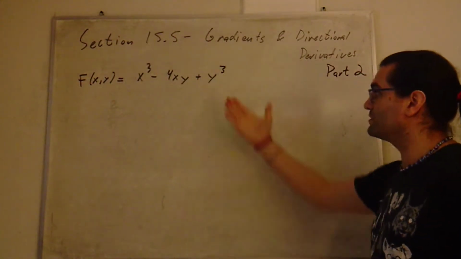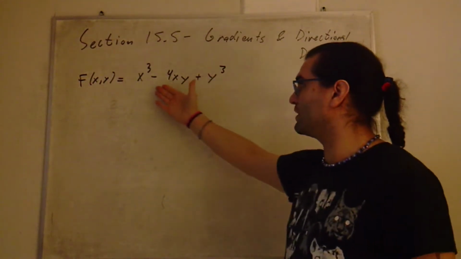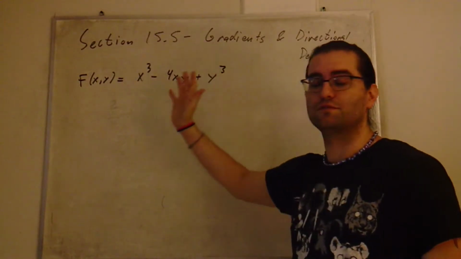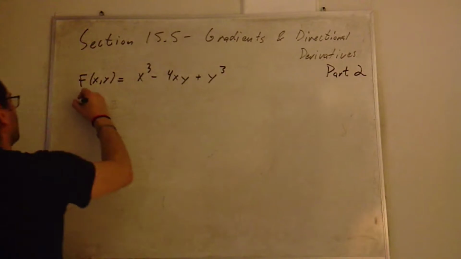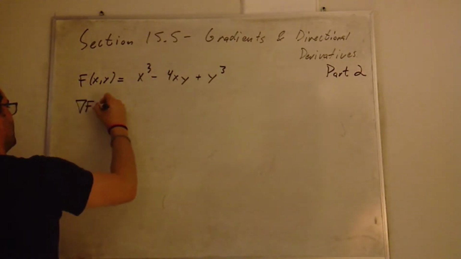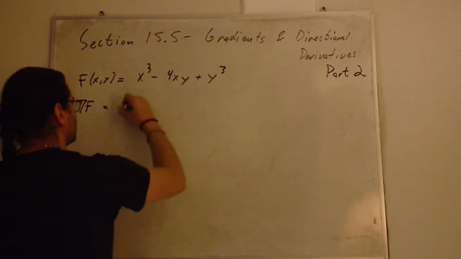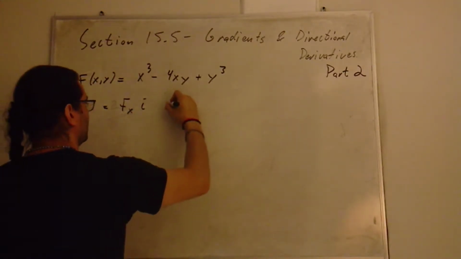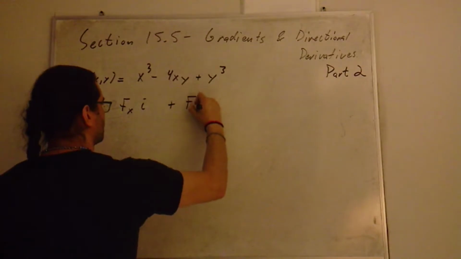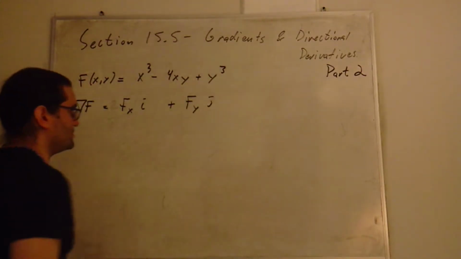So I have a function here. It's some sort of cubic something or other. I don't know what it's doing, but I can find its gradient. Remember that the gradient of f always means partial with respect to x times i plus the partial with respect to y times j.